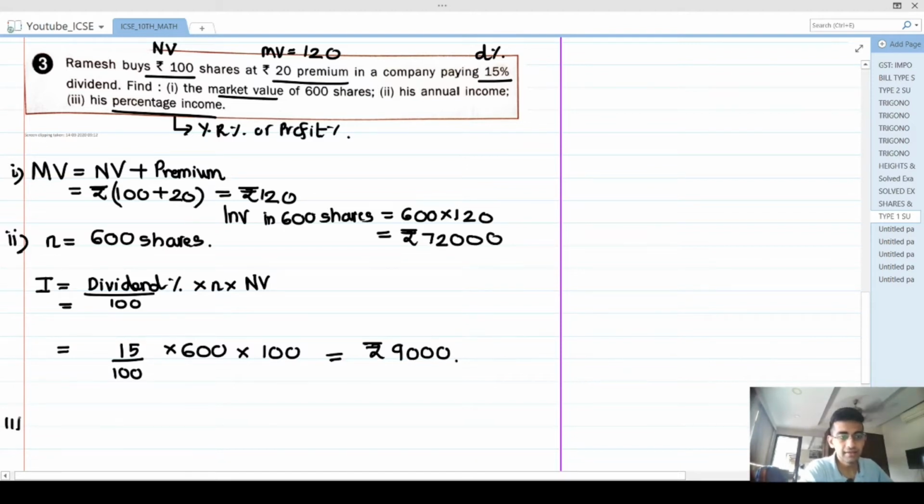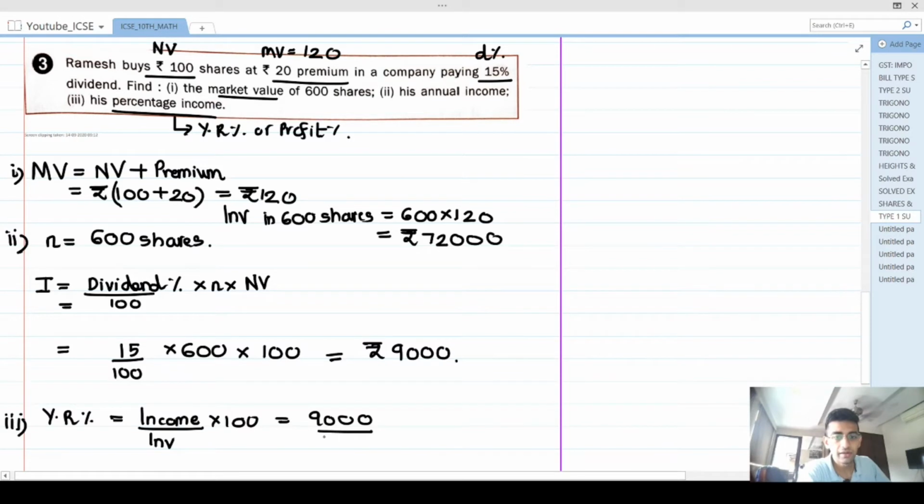And lastly, percentage income. What is the percentage income? Percentage income or yield rate is nothing but income upon the original investment into 100. Our income was 9,000. Original investment is 72,000 into 100.